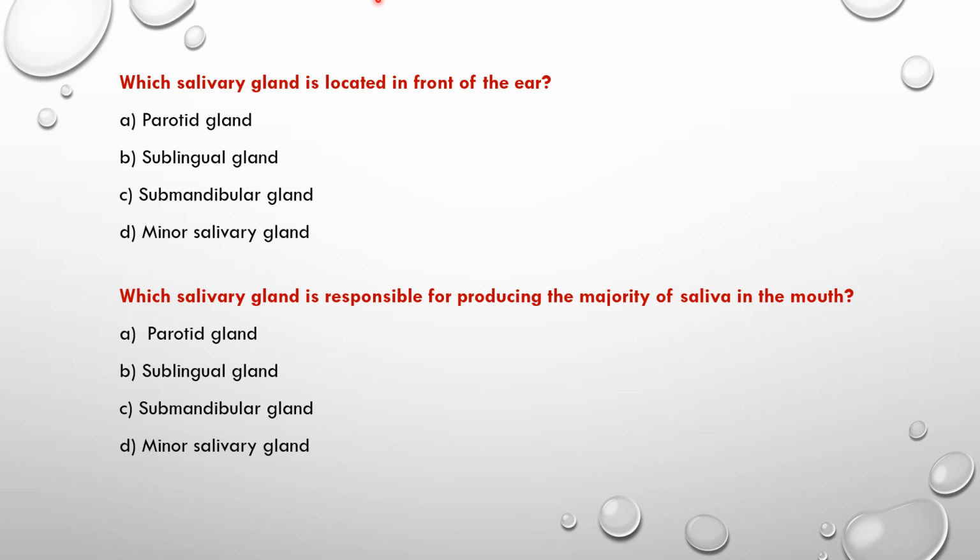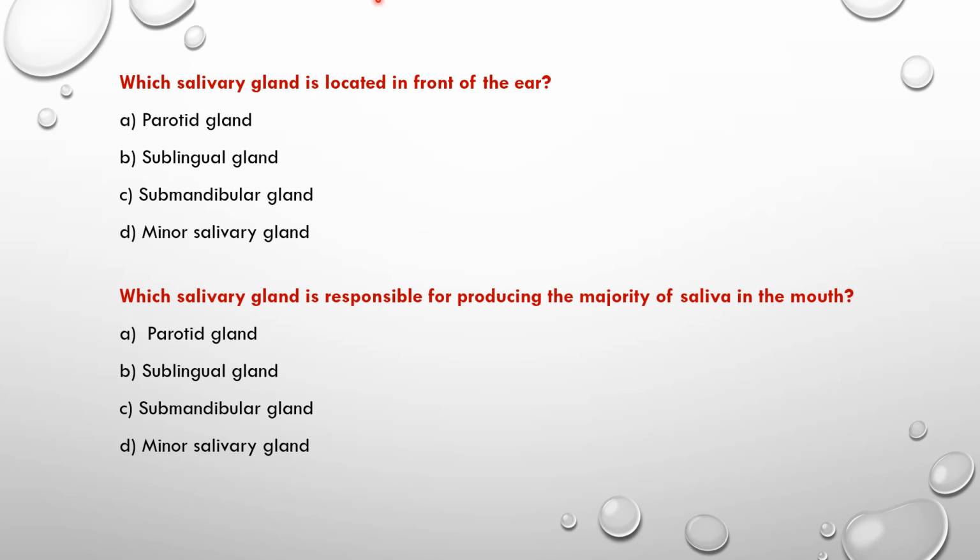Okay, second question. Which salivary gland is responsible for producing the majority of saliva in the mouth? Parotid gland, sublingual gland, submandibular gland, minor salivary glands. Okay, the major salivary glands produce the majority of the saliva. What are the major salivary glands?